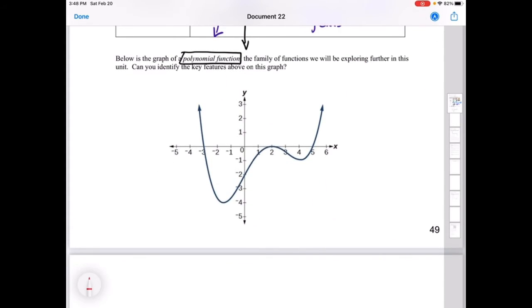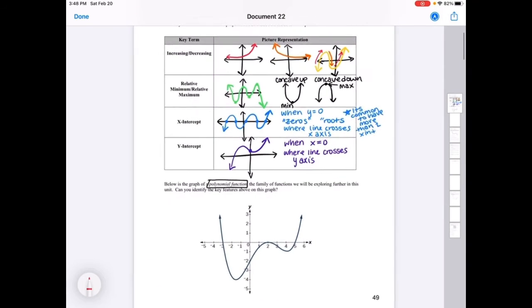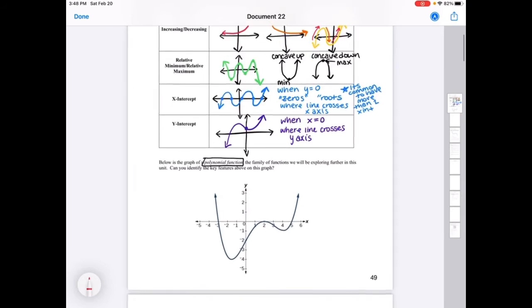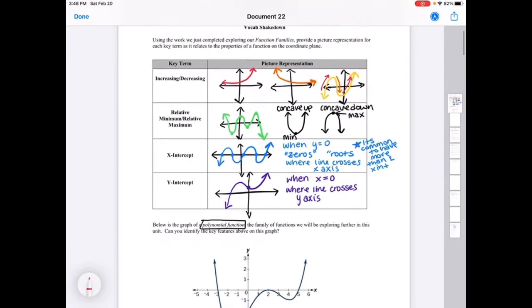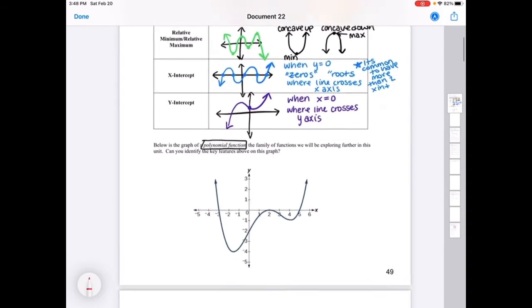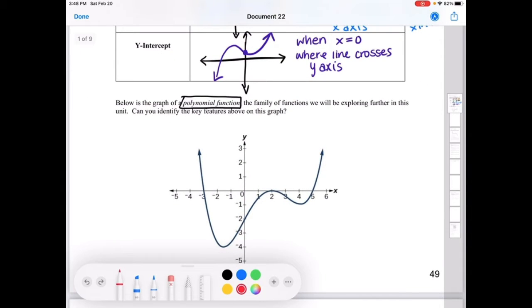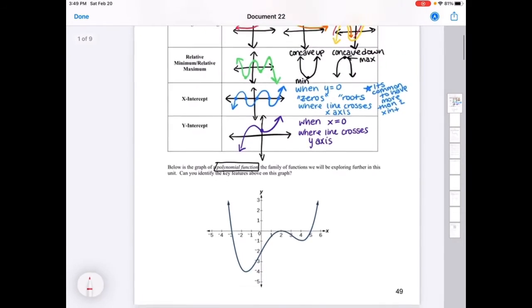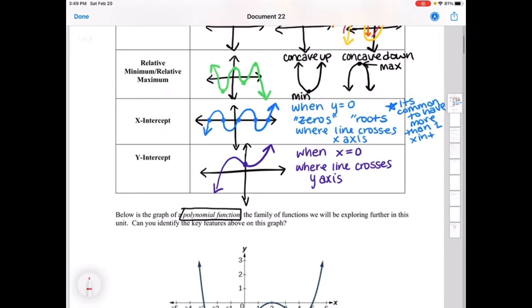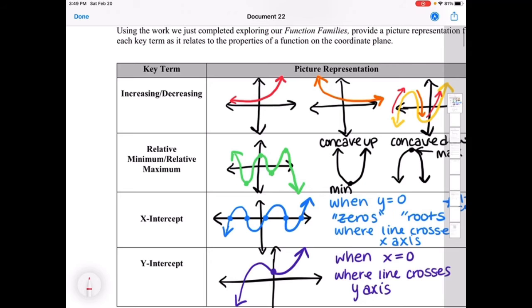So we're going to bring our attention to this polynomial function, and after defining some of these words, they're asking us to find as many of these possible key terms as possible. Let's start with the easy part: the roots and the intercepts. Let's color code. My increasing examples are in red.